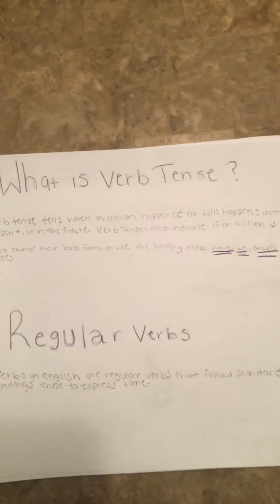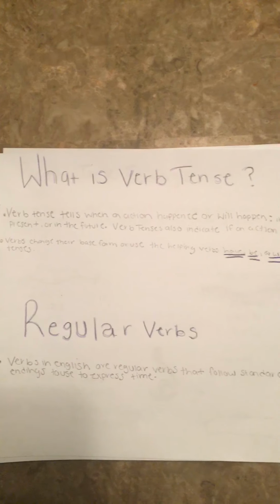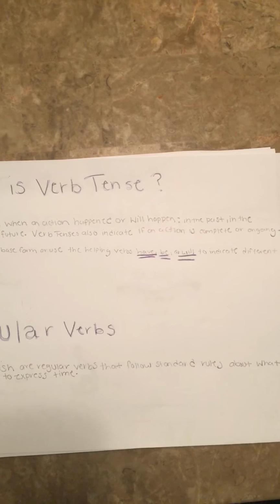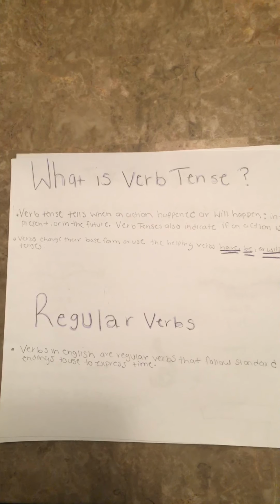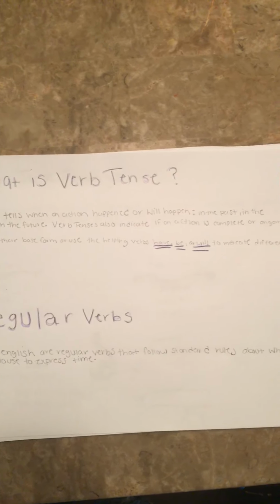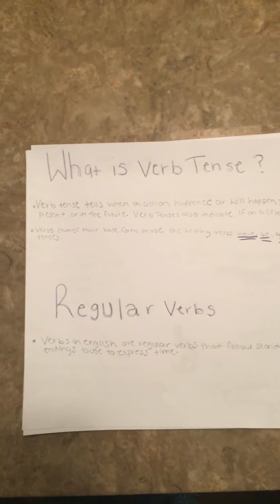Now we're going to talk about verb tense. What is verb tense? Verb tense tells when an action happens or will happen: in the past, in the present, or in the future. Verb tenses also indicate whether an action is complete or ongoing.